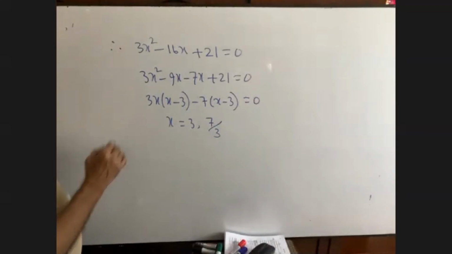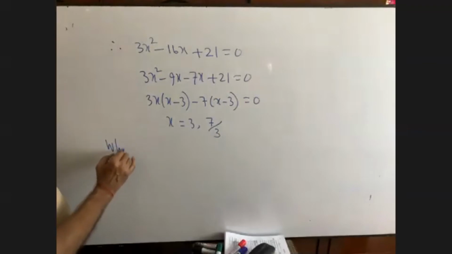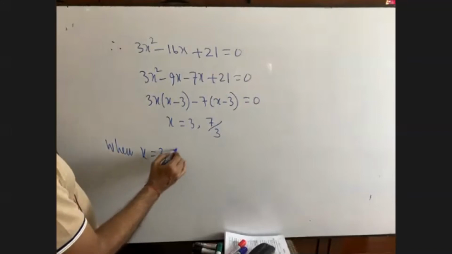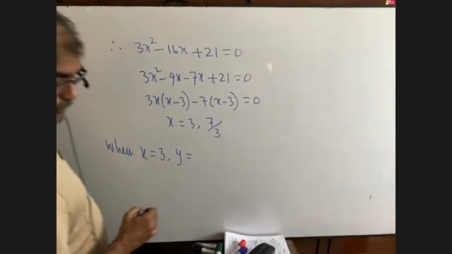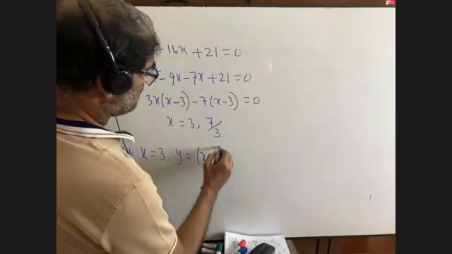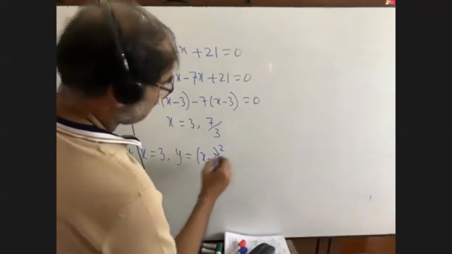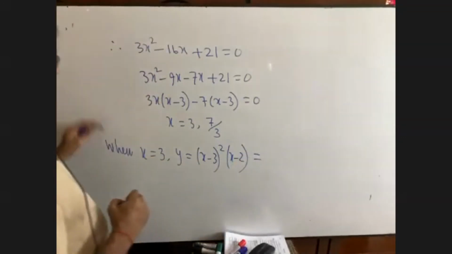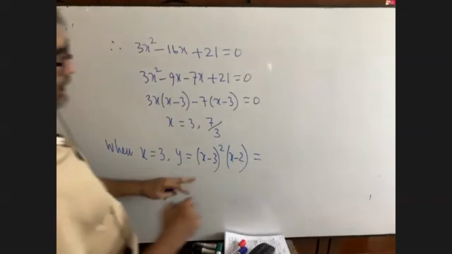You have to find the point of intersection. When x equals to 3, then what is y? Y is equal to x minus 3 whole square into x minus 2. You put the value x equals to 3.